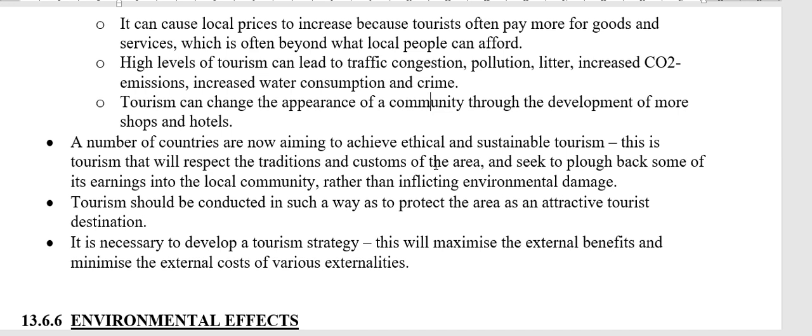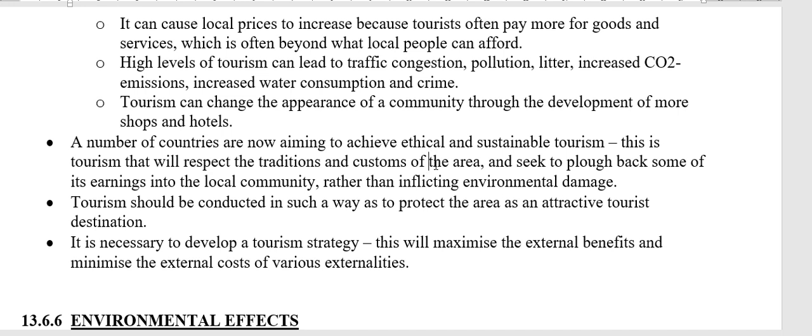So it does increase our crime rate as well in terms of theft, because they target the tourist industry. Okay, so there are a lot of negative consequences that come along with tourism. Okay, it can also change the appearance of a community where it could have maybe been a pristine natural environment, and now we go and we build a fancy hotel in the middle and we destroy the natural environment through building the hotel there.